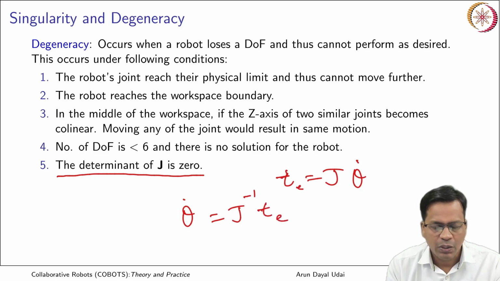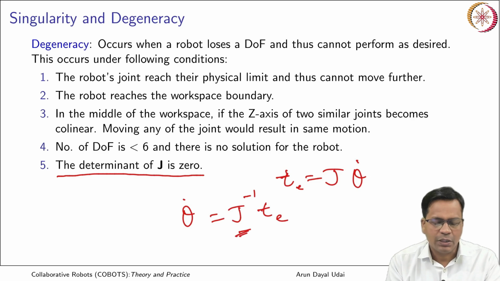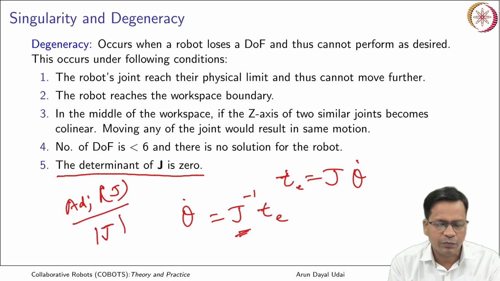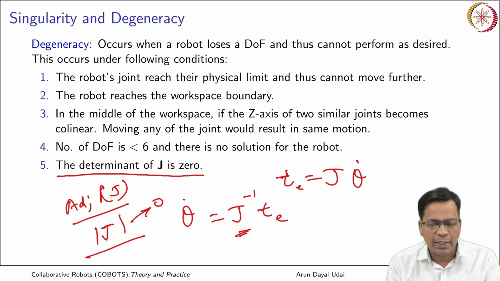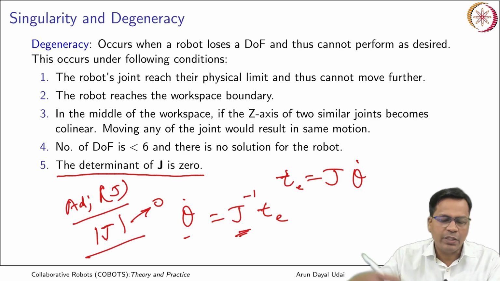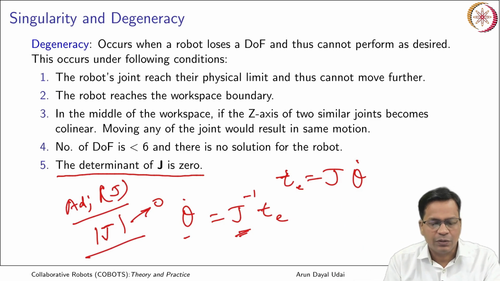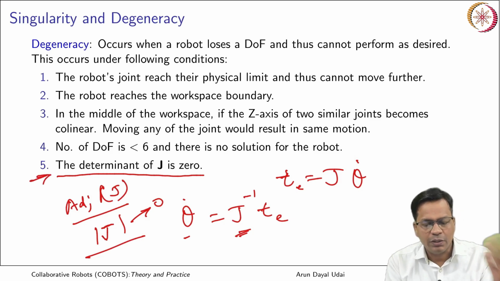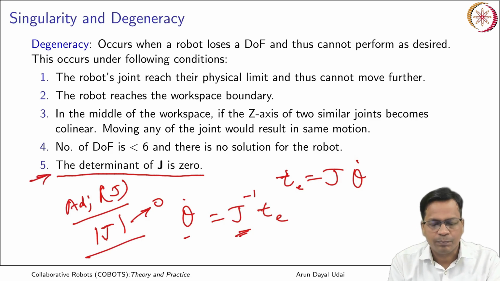The Jacobian inverse is basically the adjoint of J divided by the determinant of J. So if the determinant of J becomes equal to 0, what happens? This is not possible. You cannot extract theta dot for the given end effector trajectory. In that case the determinant becomes 0 and you cannot calculate the joint rates.